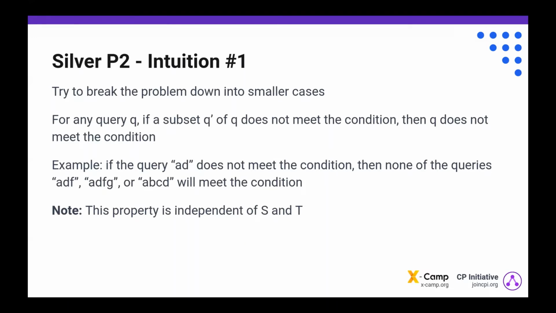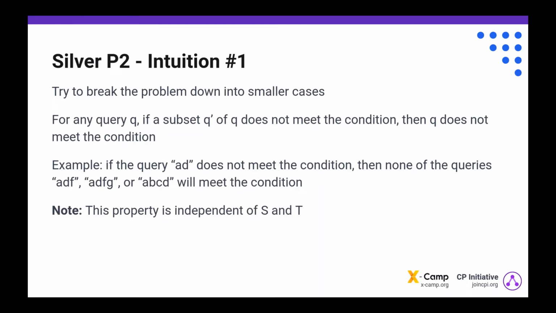The first smaller case is that for any query Q, if a subset that we call Q prime of the query Q does not meet the condition, then the entire Q does not meet the condition. So let's give an example.